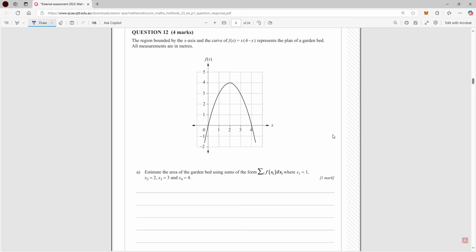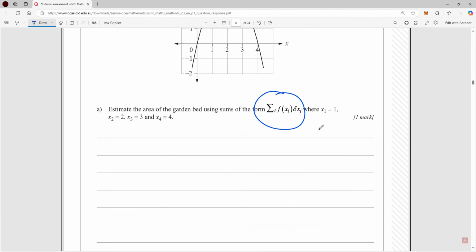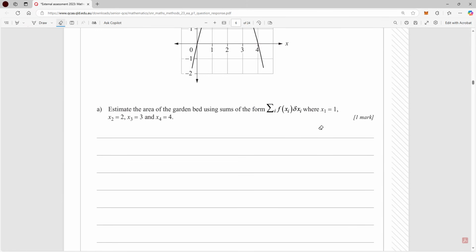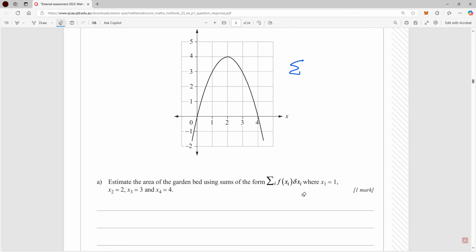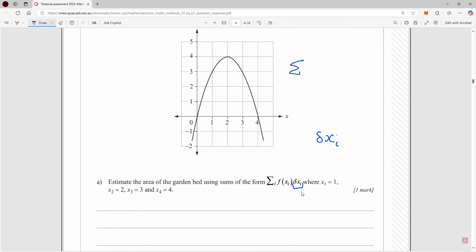Breaking this down, what does this actually mean? Let's zoom in, because I think half the question is figuring out how to actually use this formula. This sigma means to add things up. We're estimating the area of the garden bed. This symbol here represents the width of your little rectangles.